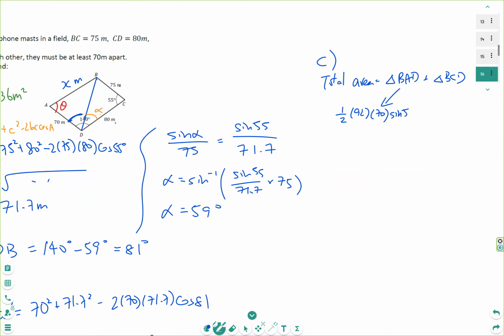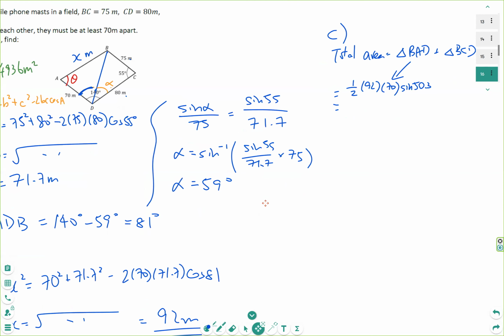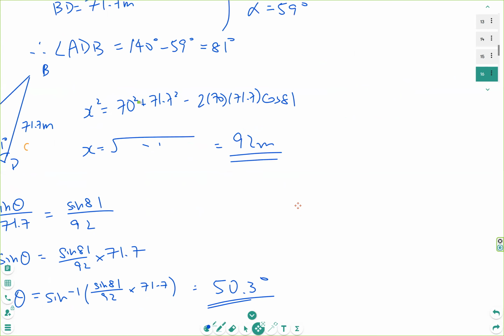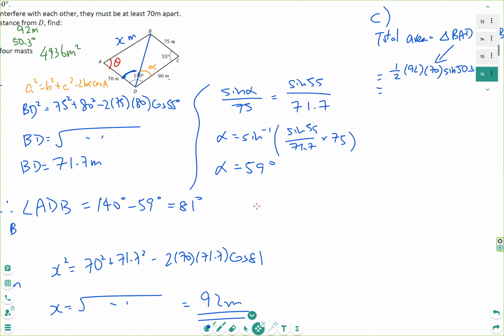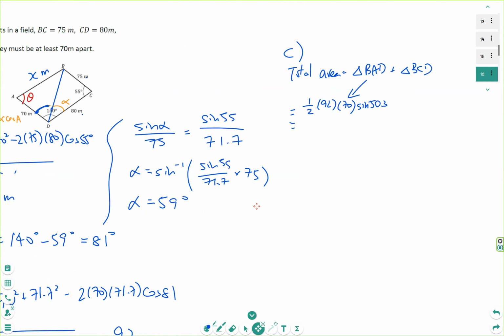What's theta again? Let me double check. Theta is 50.3 degrees. Yep, theta. Okay, so put it in the calculator: 0.5 times 92 times 70 sine 50.3.